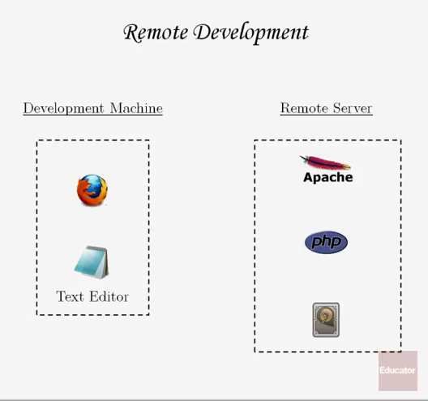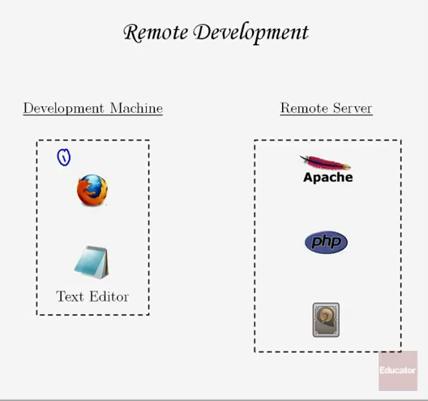Now, we learned in our last lesson that in order to view and to serve PHP pages, we need three pieces of software. On the client side, we need a web browser to request the web page to be viewed.